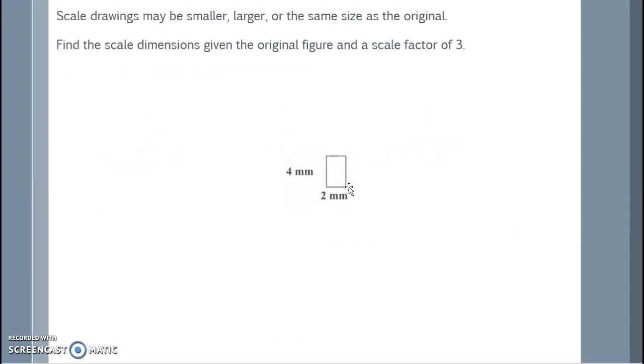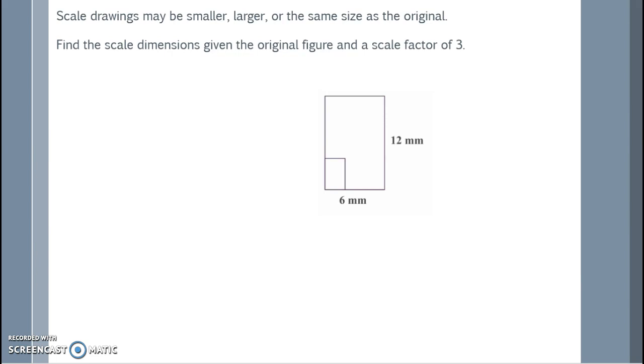Scale drawings may be smaller, larger, or the same size as the original. Find the scale dimensions given the original figure and a scale factor of 3. So our original figure is 4 millimeters by 2 millimeters. If I want to scale this by 3, 4 times 3 is 12, and 2 times 3 is 6.